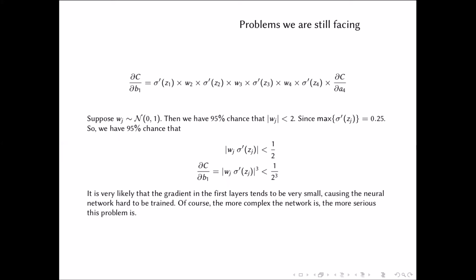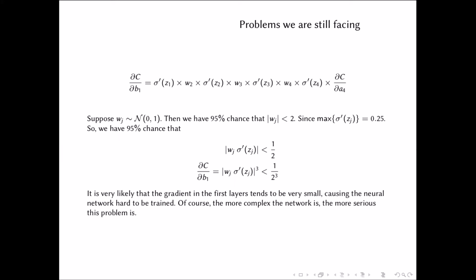Let's suppose we still have the weights from the standard normal distribution. That means we have a 95% chance the absolute value of W is going to be less than 2. Because the maximum of sigma prime of Zj is 0.25, we have a 95% chance that the absolute value of Wj times sigma prime of Zj is going to be less than 1 over 2.